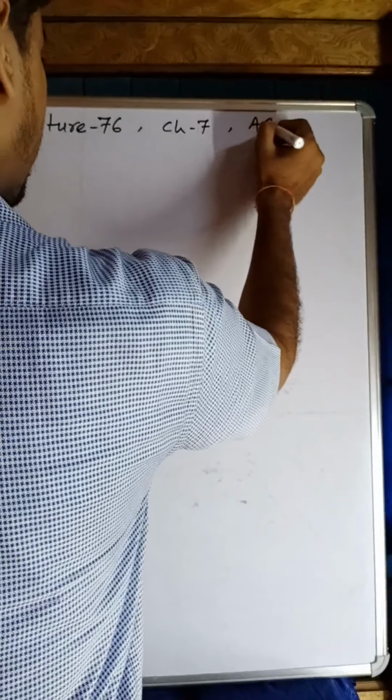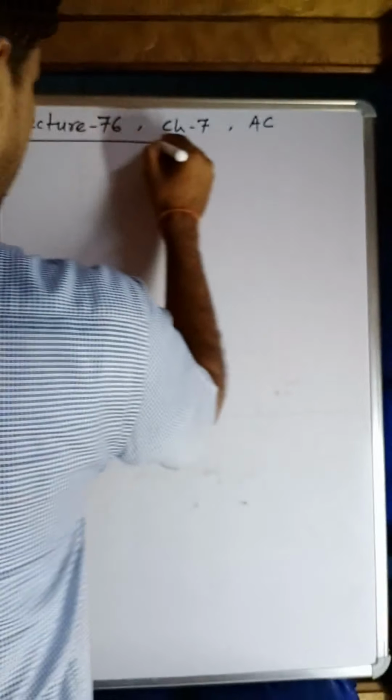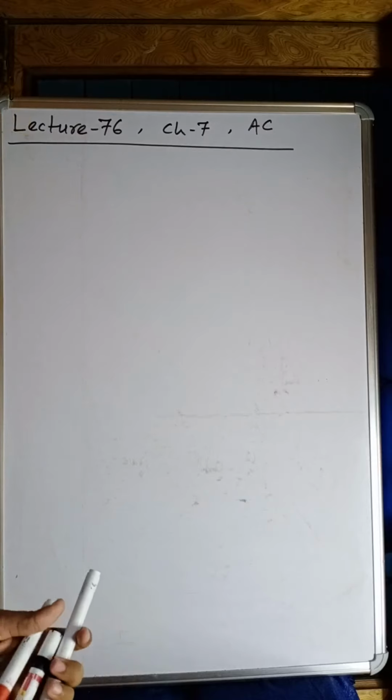We are in AC, alternating current. Those students who have not seen the previous lecture, kindly go through that. Then only you will be able to understand the sinusoidal graph I am going to discuss right now. Okay, my dear students?